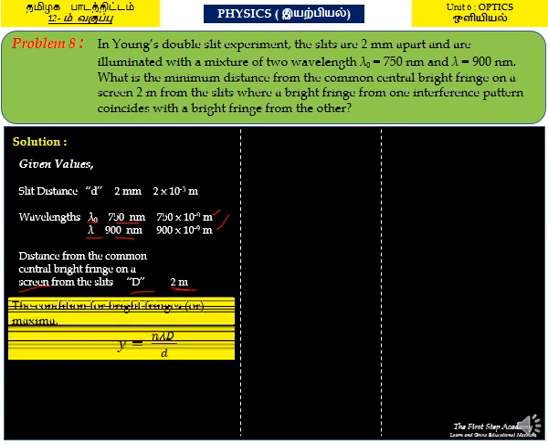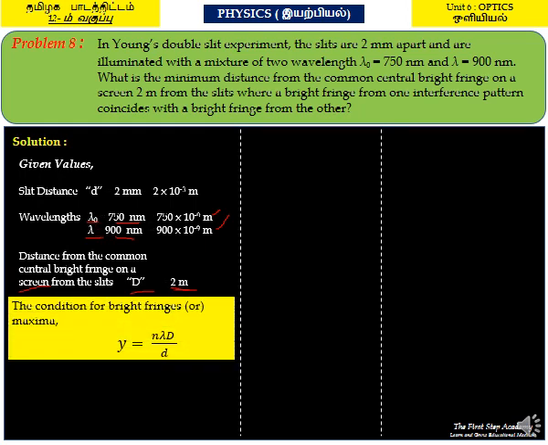Now the condition for the bright fringe or the maxima in Young's double slit experiment is y is equal to n lambda capital D divided by small d, where y is the distance, n is the order of diffraction, lambda is the wavelength of light, capital D is the distance between the slit and screen, and small d is the slit distance.